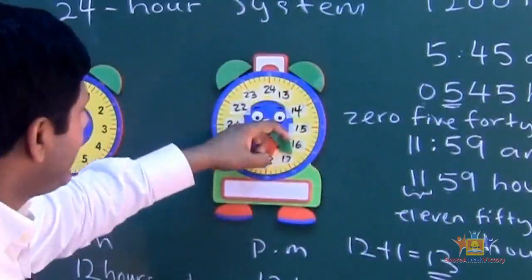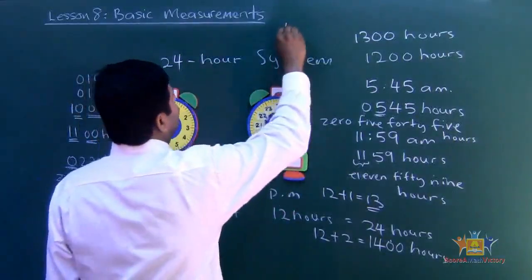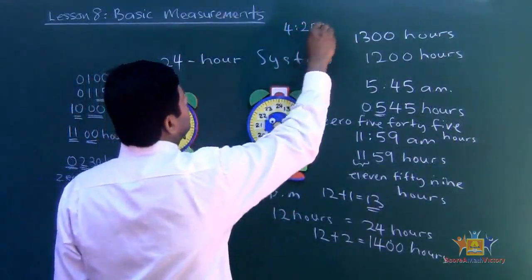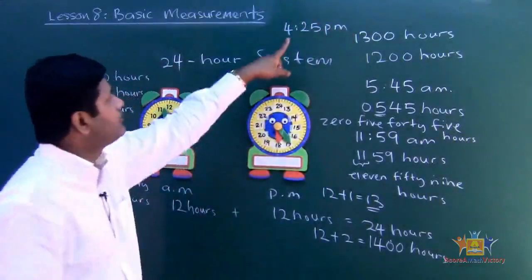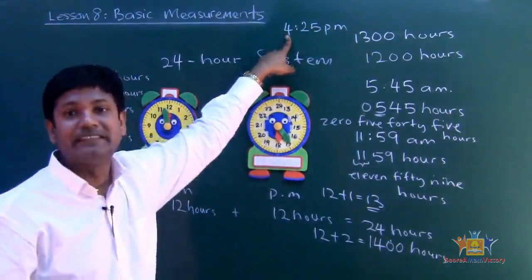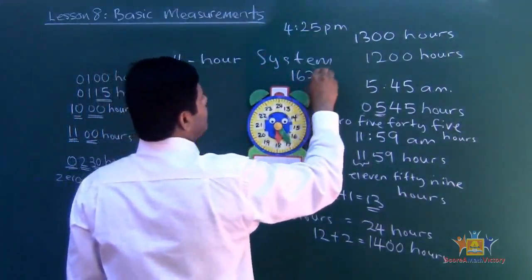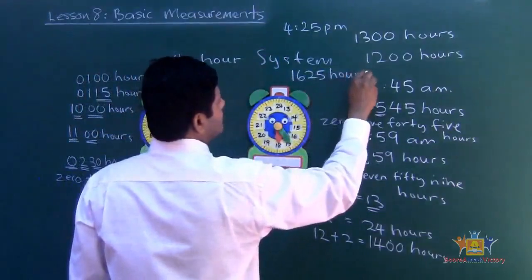So now you see that. If I give you a 12-hour system time, say 4:25 p.m., how do I express that in the 24-hour system? 12 plus 4 is what? 16. So 16, 25 hours. See that?